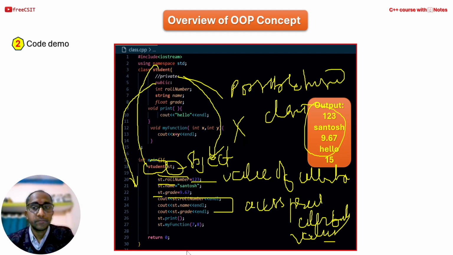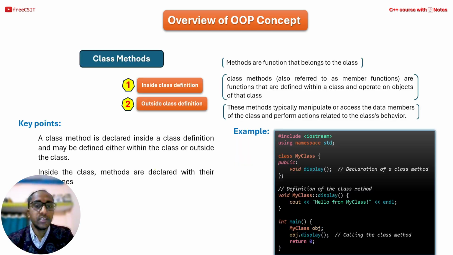So you can see the class and methods. Class methods mean functions, you have to understand it like this. I can change the color here. Class methods mean methods, you can call the function.